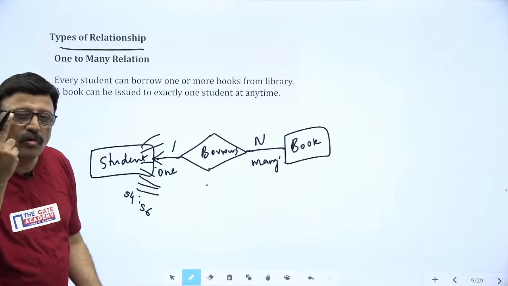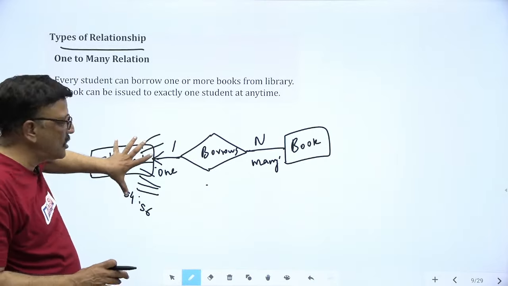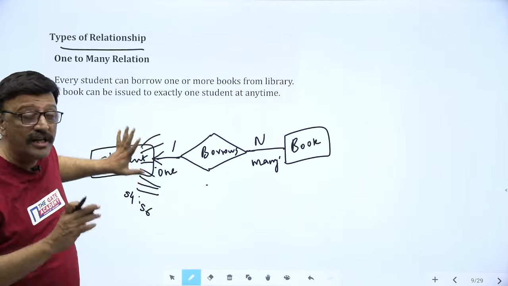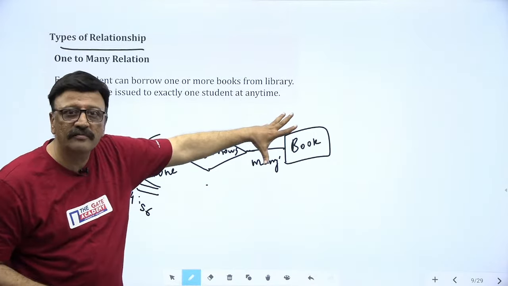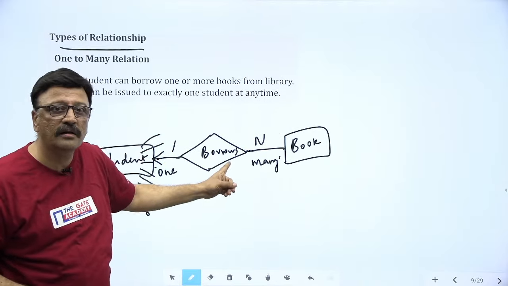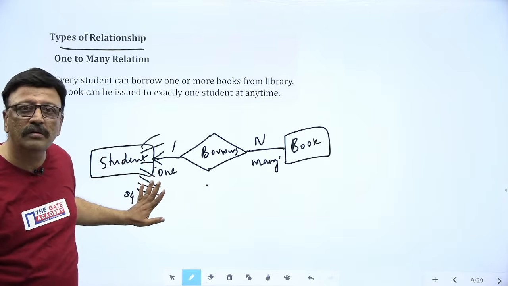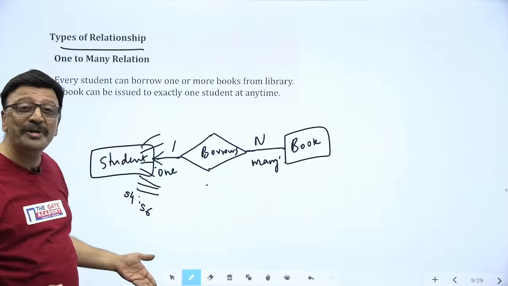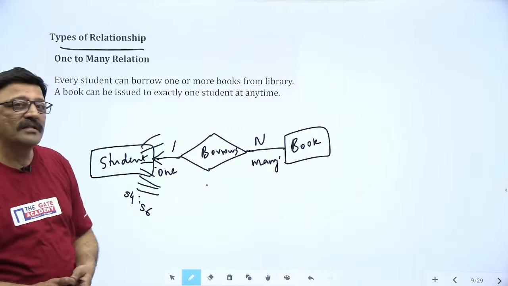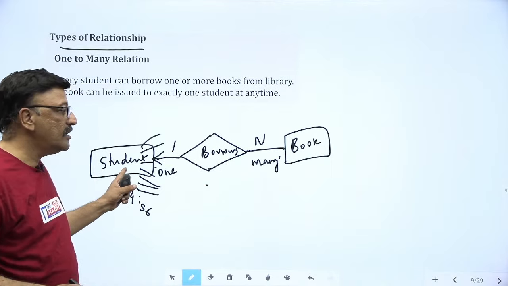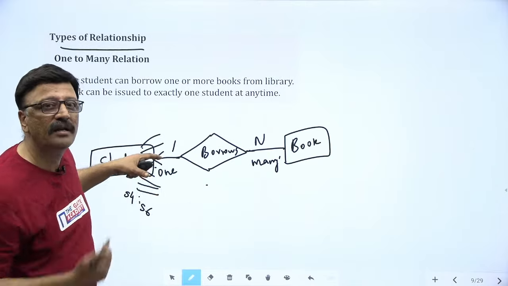What you understand over here is that out of the set of students, it's not compulsory, it's not necessary that every student will participate in this relation. Which relation? Borrows relation. There might be a student who never cares about borrowing a book, or there might be 50 such students who never care about borrowing a book. What that means is this set of students is not totally participating in the relation.